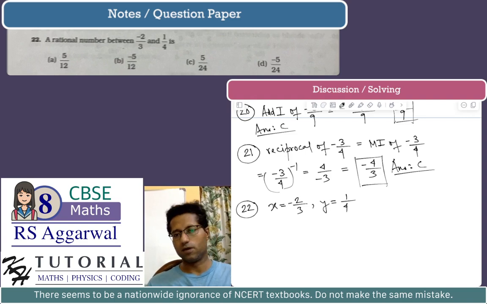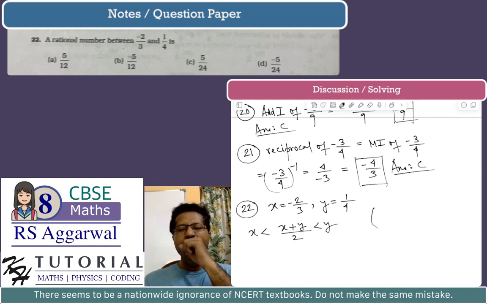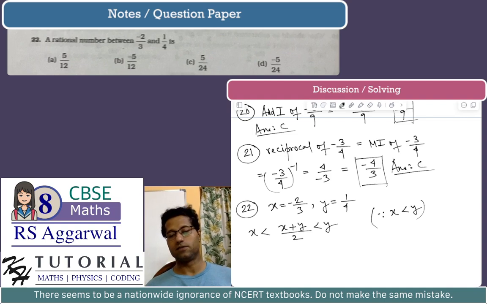We know there is a property of rational numbers that for any two rational numbers x and y, where x is less than y, there is a rational number (x plus y) by 2 which lies between x and y. It is given that x and y are two rational numbers and x is less than y. Then we will always have a rational number which lies between x and y, and that rational number is (x plus y) by 2.